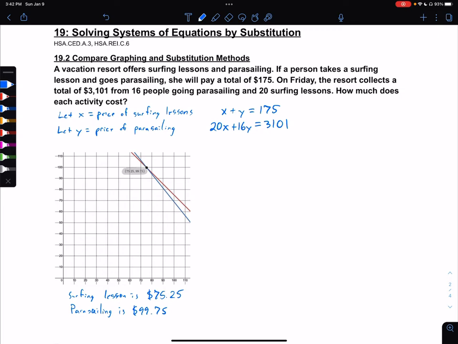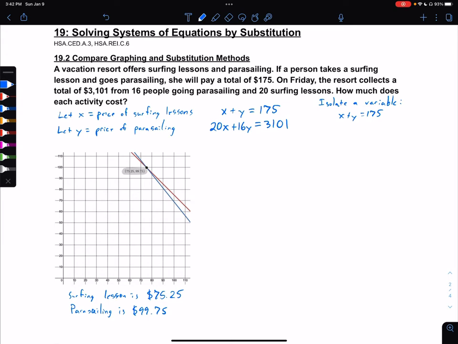The first thing we have to do is isolate a variable. We can't do substitution unless we isolate a variable. I'm going to take my x plus y equals 175 equation and choose a variable to isolate. It doesn't matter which one, x or y.